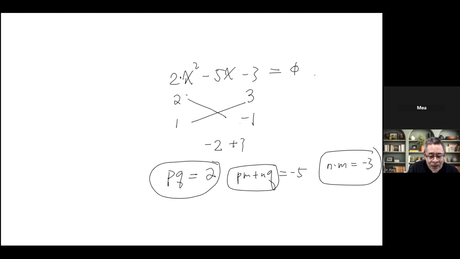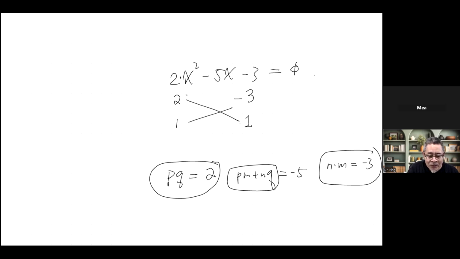Now this actually gives us 1, so it's not -5, so that doesn't work. Well, let's see, can we change it to -3 and 1, because negative 3 times 1 is -3. Then we got 2, -3, -1, doesn't work.